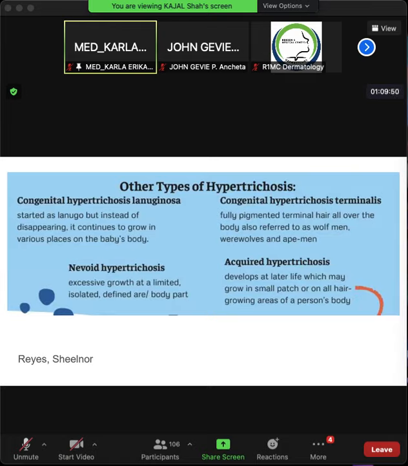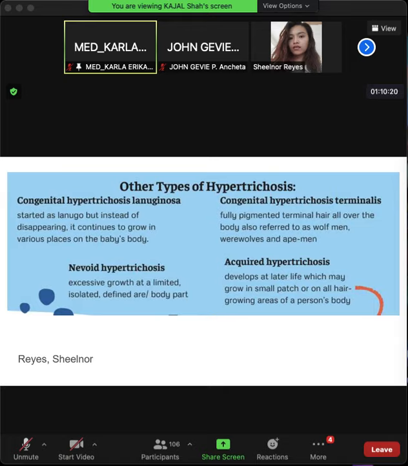So for the other types of hypertrichosis, congenital hypertrichosis lanuginosa, this started as lanugo. So lanugo, as we all know, is the unpigmented fine soft silky hair which covered the baby. So instead of disappearing, it continues to grow in various places on the baby's body. Next is the congenital hypertrichosis terminalis.